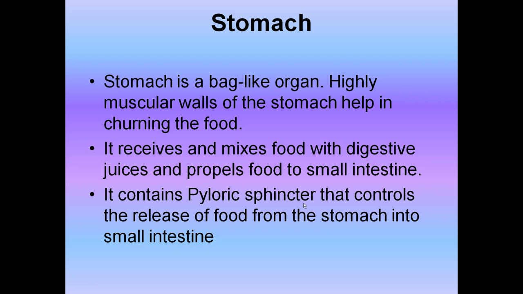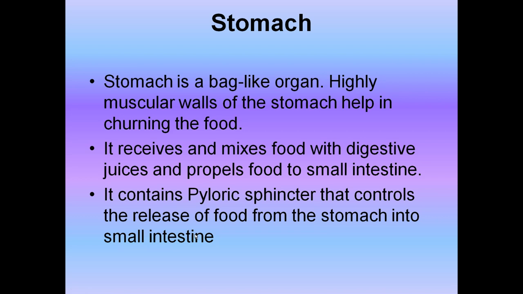The food can move from stomach to the small intestine. The reverse movement is stopped by the pyloric sphincter because it is a one-way door or one-way flap. That controls the release of food from the stomach into the small intestine.